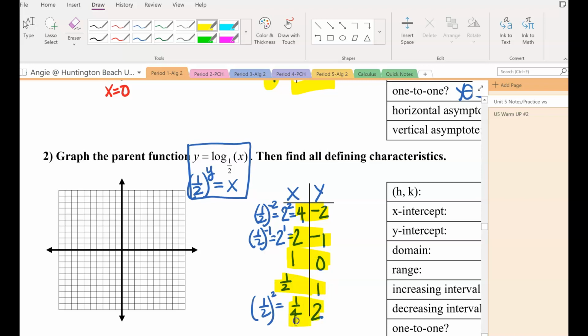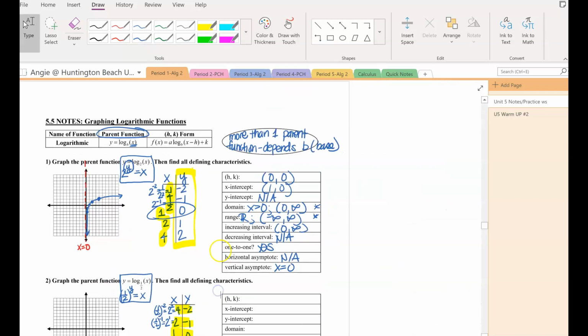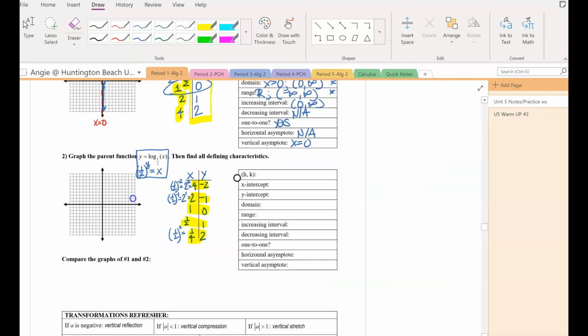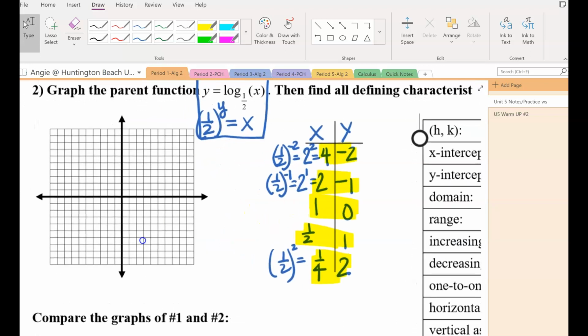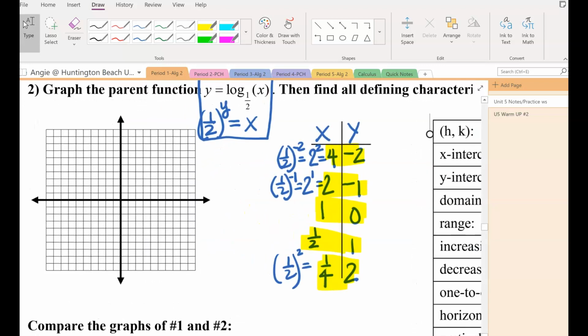All right, let's plot those dots. It's going to be 4, -2. Then 2, -1. Then 1, staying at 0.